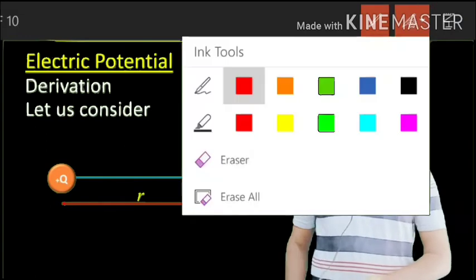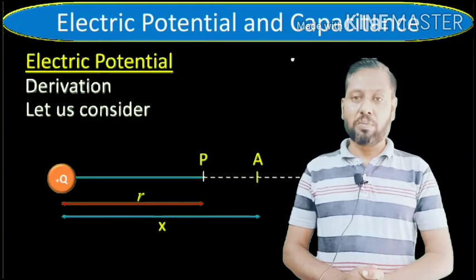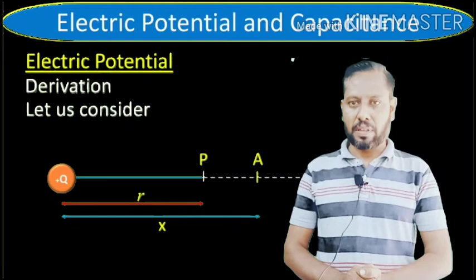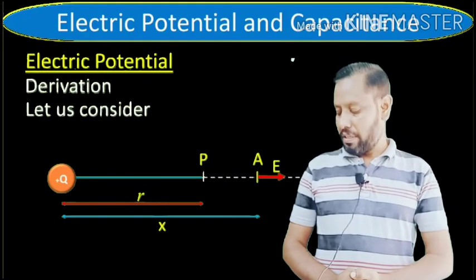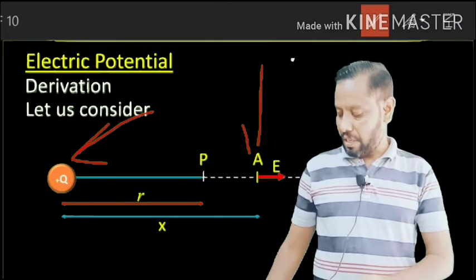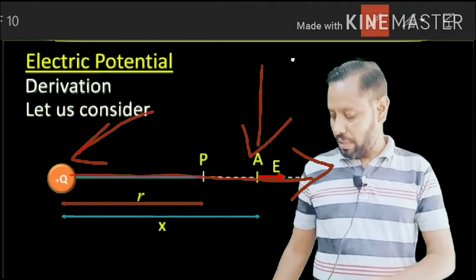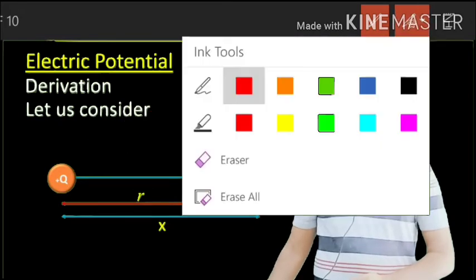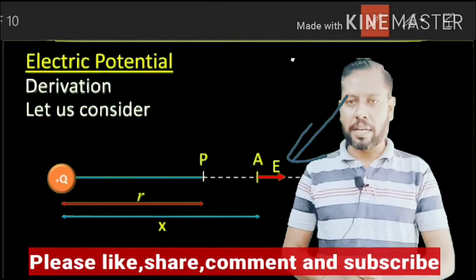Let us say the distance of this point A from the capital Q charge is x. Now this capital Q charge will give some electric field at point A, and let us say the direction of that electric field is like this, as shown by the red arrow.